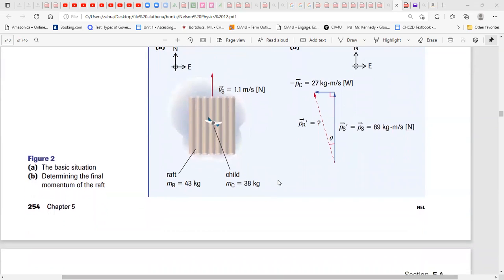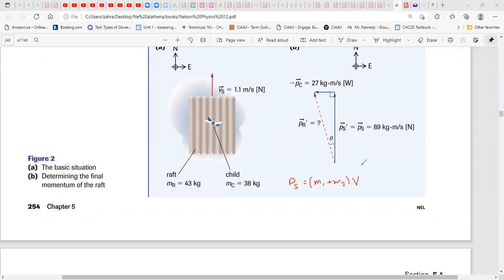Okay, so knowing that before, we have a P of system. This system consists of a child and a raft, so it is M1 plus M2 multiplied by V. They are both moving with the same velocity with the raft, right?